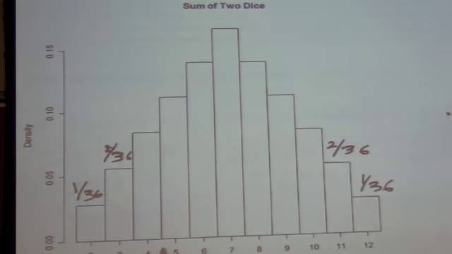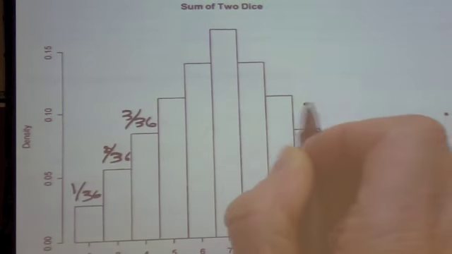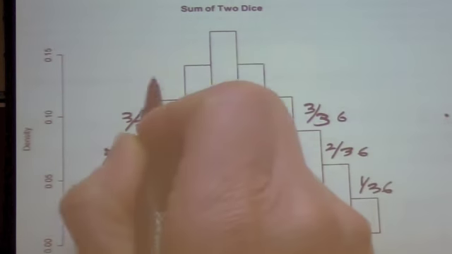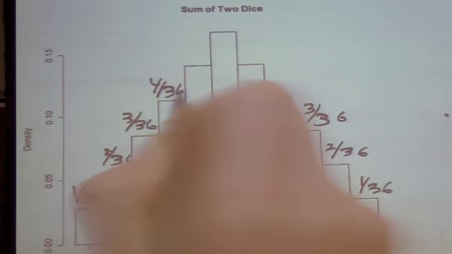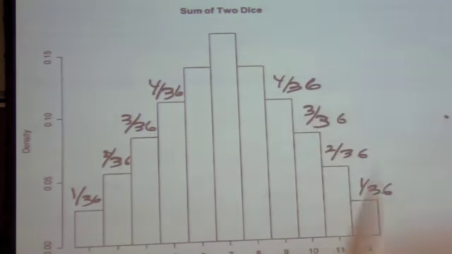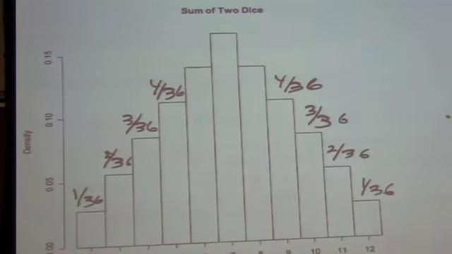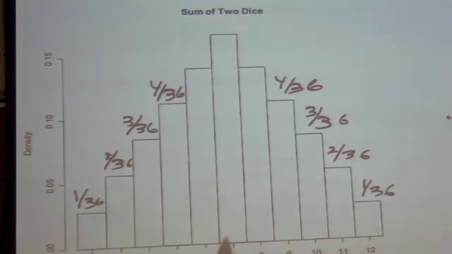All right, so that's how you draw a probability histogram for rolling a pair of dice and taking the sum, counting all the spots. And of course, the expected value would be 7, right in the middle here, which is the analogous summary statistic for a chance process as the average is for a list of numbers.